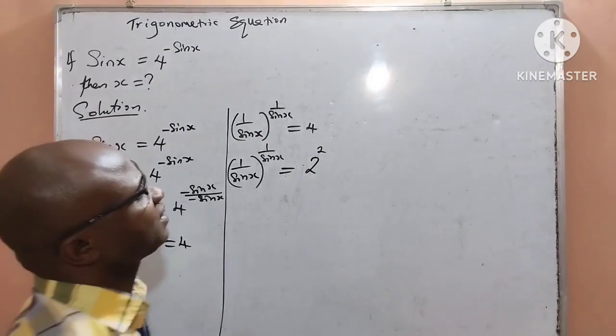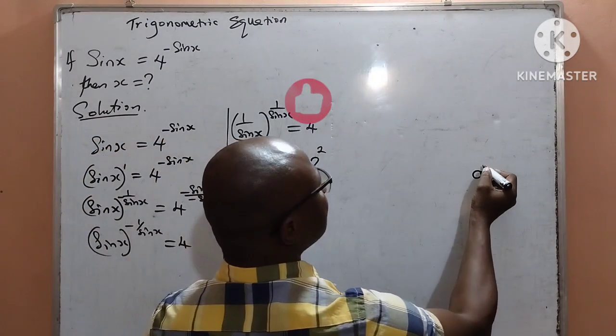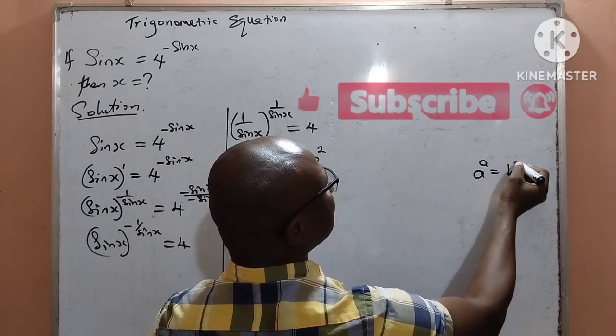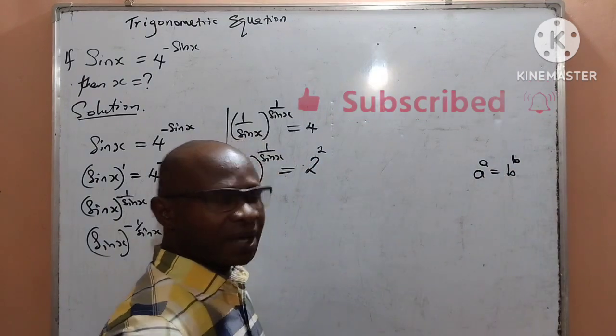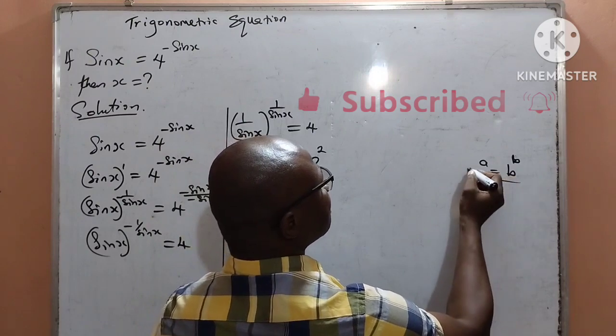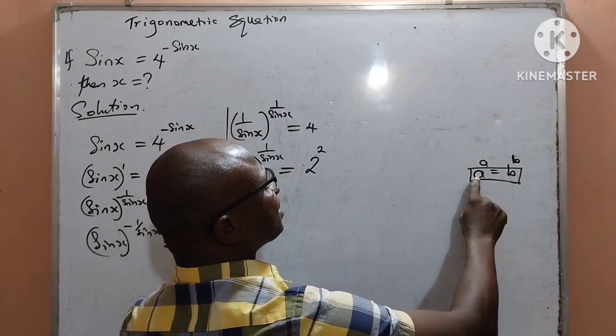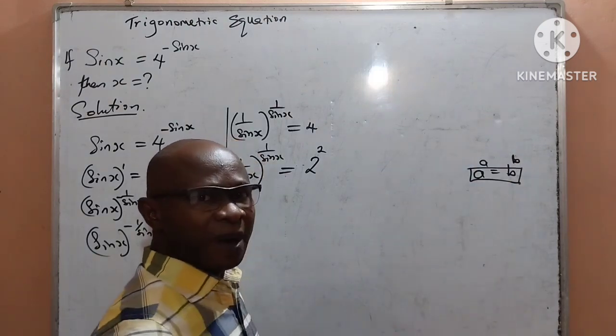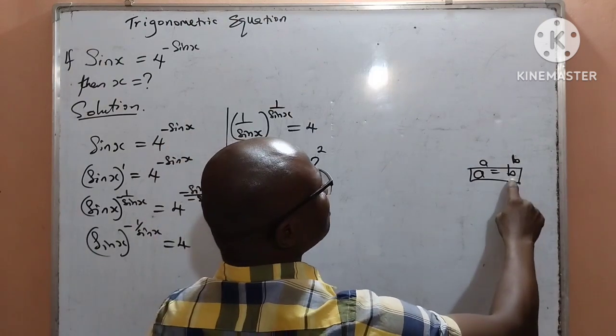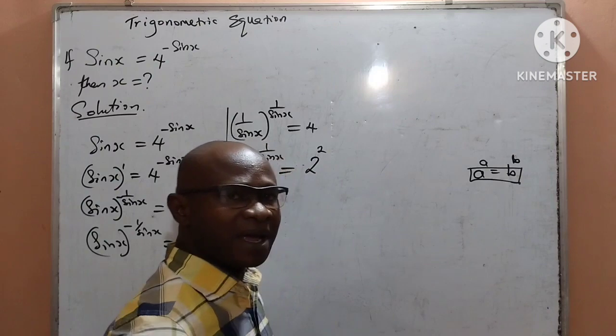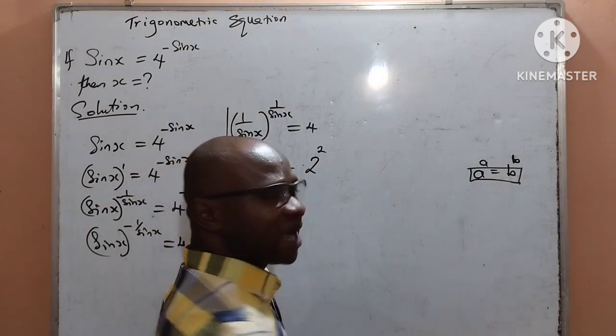Now, by law of indices, if I have a to the power of a equal to b to the power of b, it means that the bases are equal. That is, on the left the base is the same as the power, and on the right hand side the base is also the same as the power. Therefore, we conclude that the bases are equal.